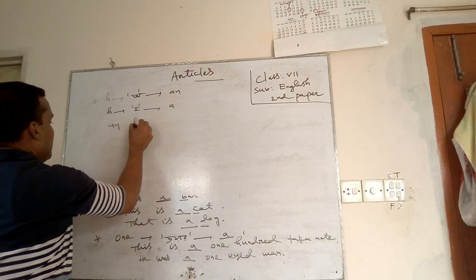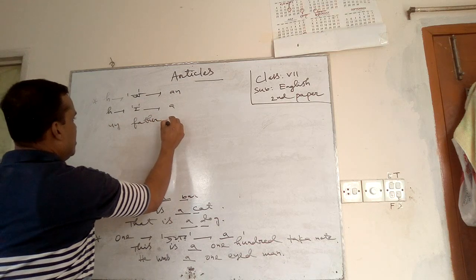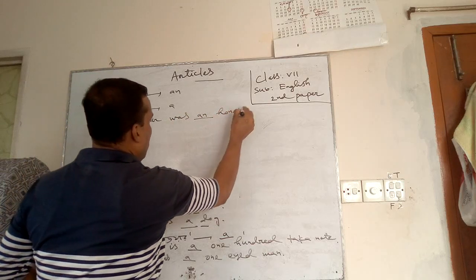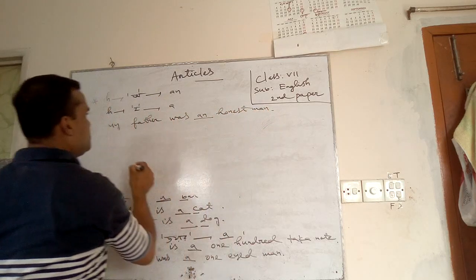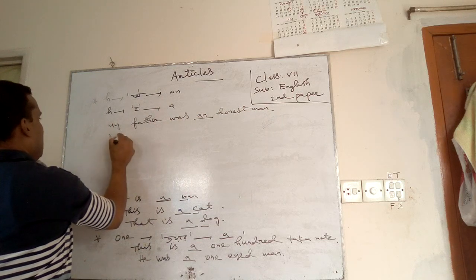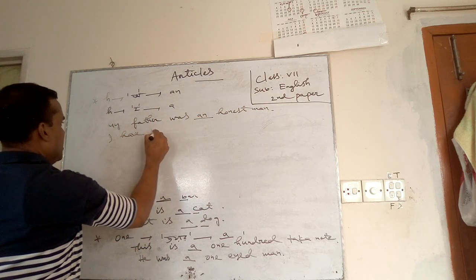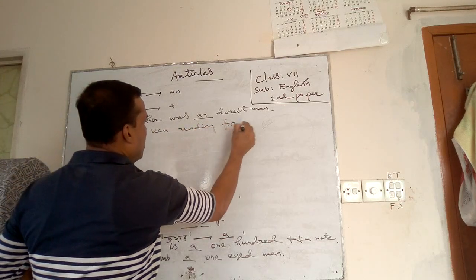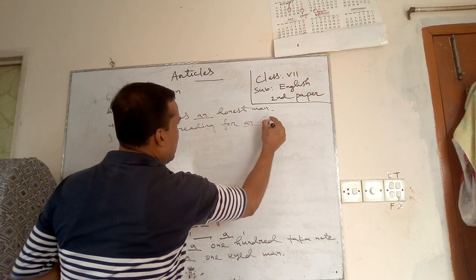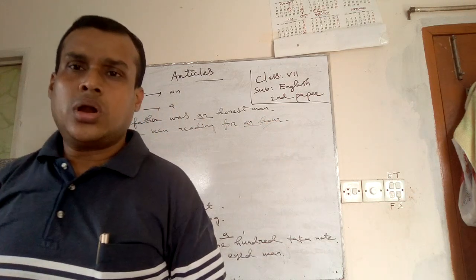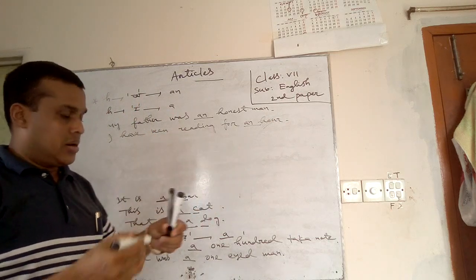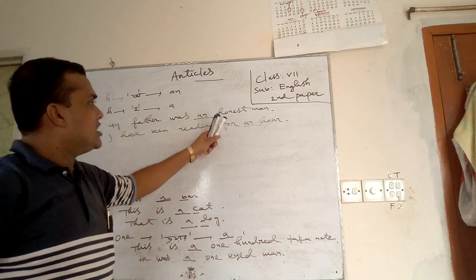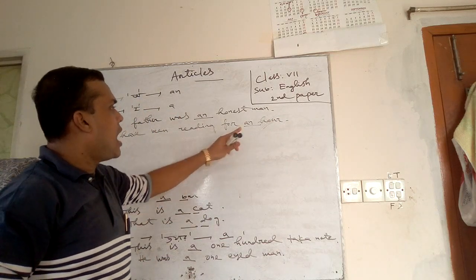My father was an honest man. I have been reading for an hour. An hour means 60 minutes. An honest man, an hour.